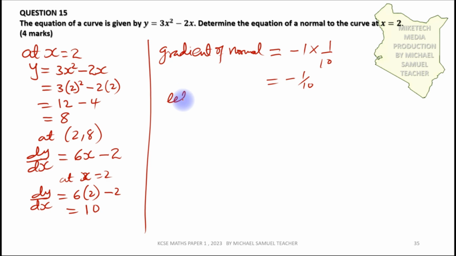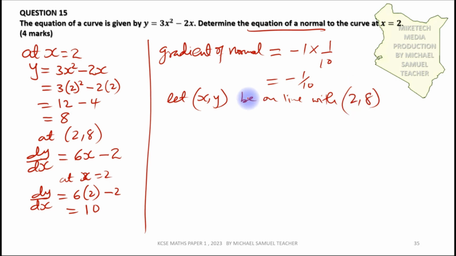So, since we want to get the equation of the normal, let a point (x, y) be on the line with the point 2, 8, remember the normal's coordinate is 2, 8.